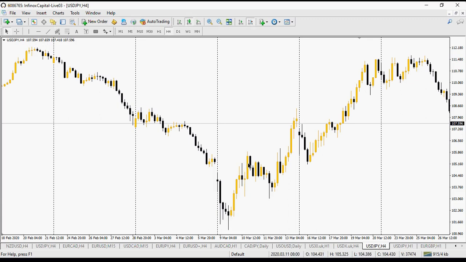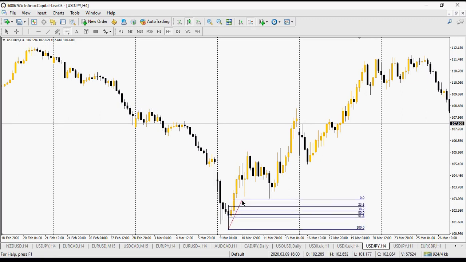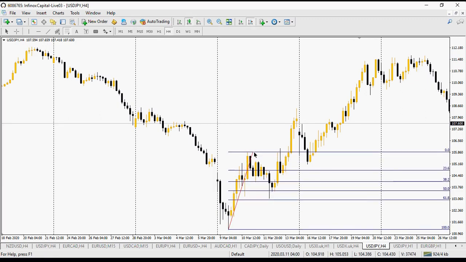I can tell you that the retracement can be either 50%, 38.2%, or 61.8%. Using the Fibonacci tool, since we are measuring a bullish trend, we take from the bottom up to the top.